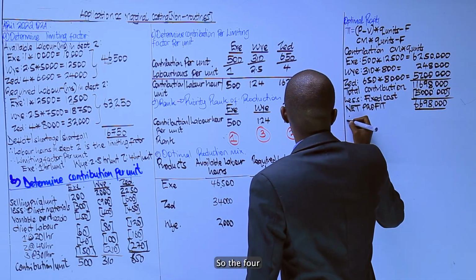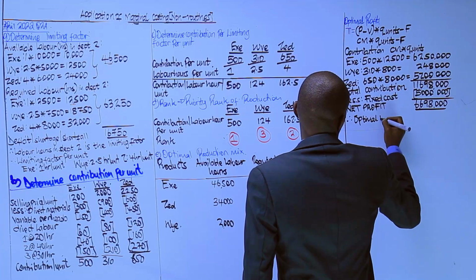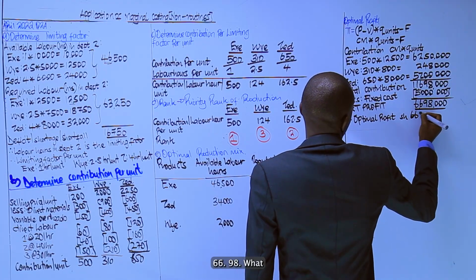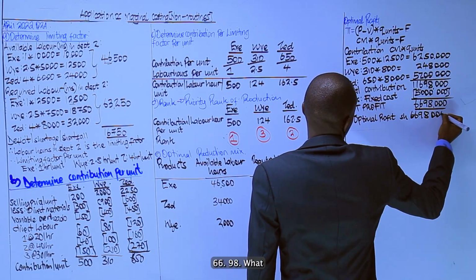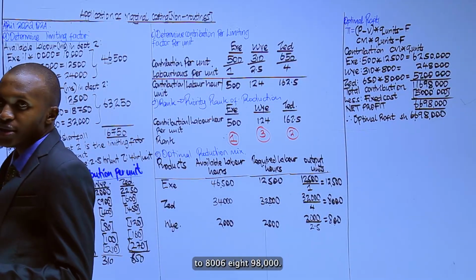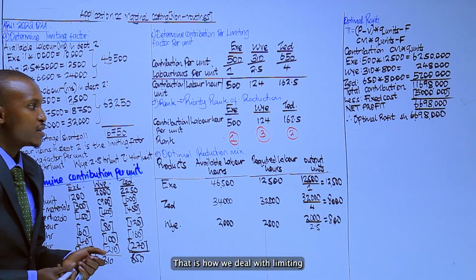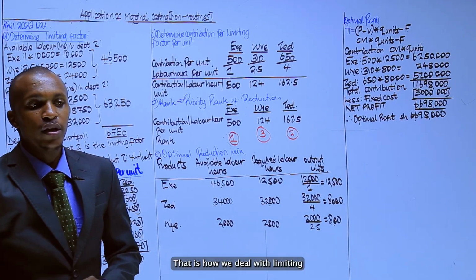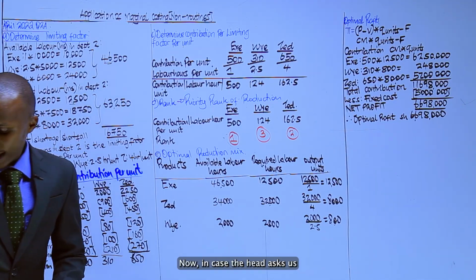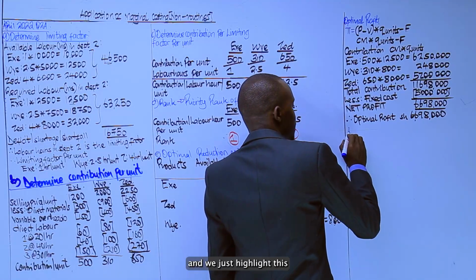So therefore your optimal profit is 6,698,000. And that is how we deal with limiting factor.